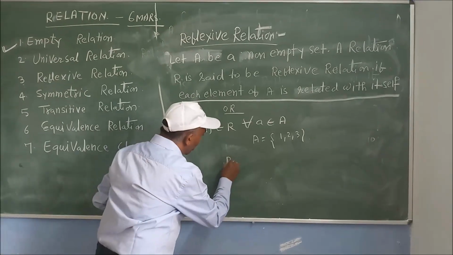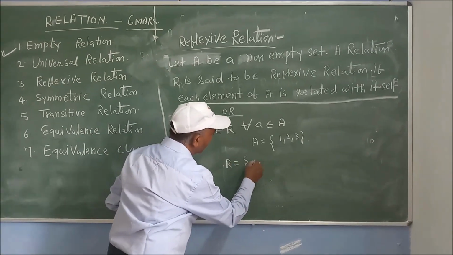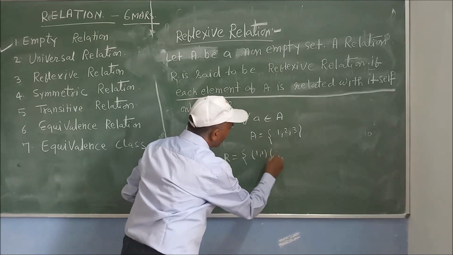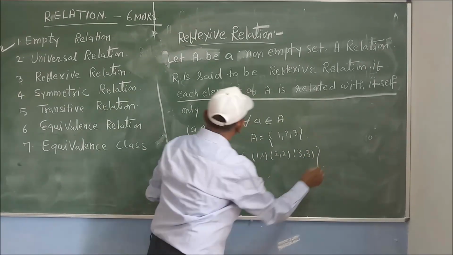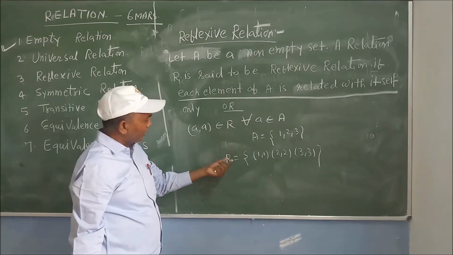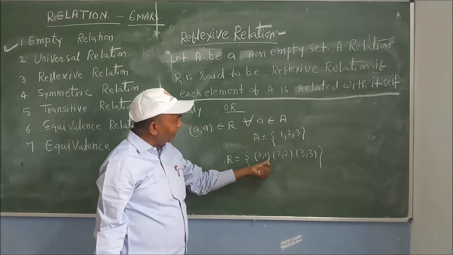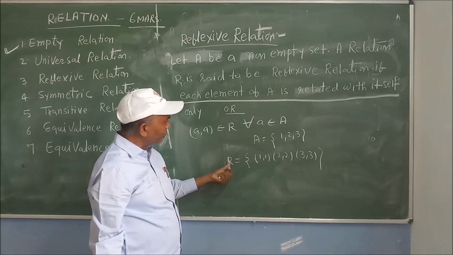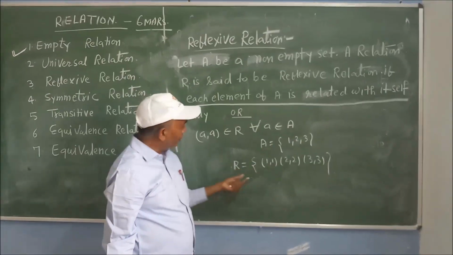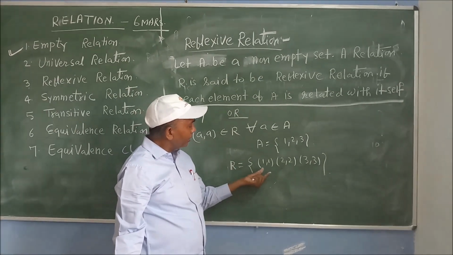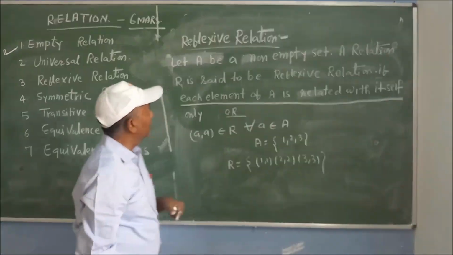So relation R will have its elements as (1,1), (2,2), (3,3). Check the second definition. (a, a) belongs to R. A और A both are same element. और ये रिलेशन में होना चाहिए. और A सेट A का एलिमेंट होना चाहिए. So we can say that here R is called a reflexive relation.